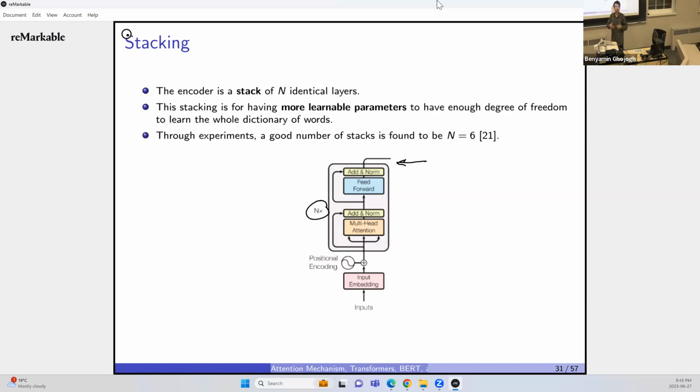We want to have more parameters to learn, because we have a lot of data, internet data. We have enough data not to overfit. Let's add learnable parameters in order to learn the nonlinearity of data. Right? Then through experiments, they have found n equals 6 is good. So we have 6 times of this.